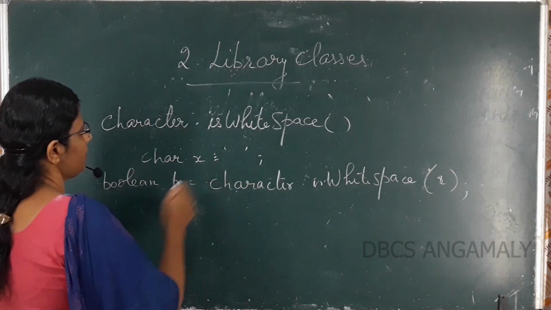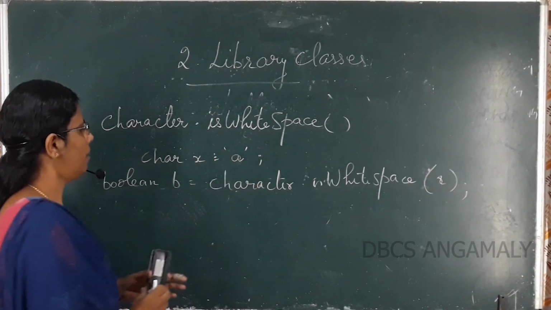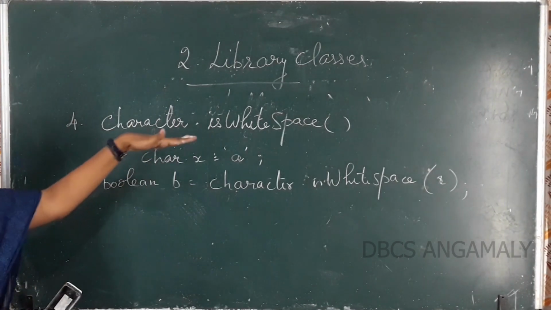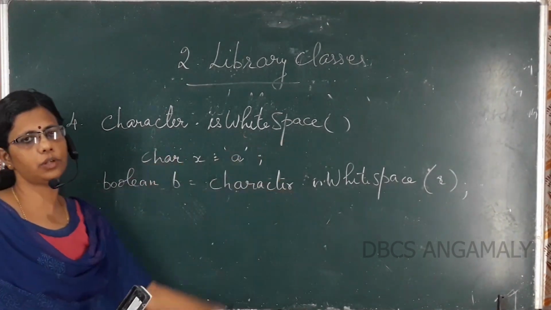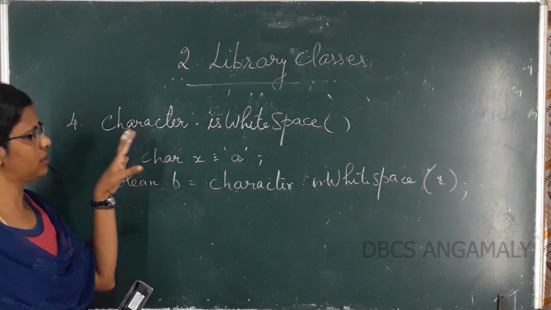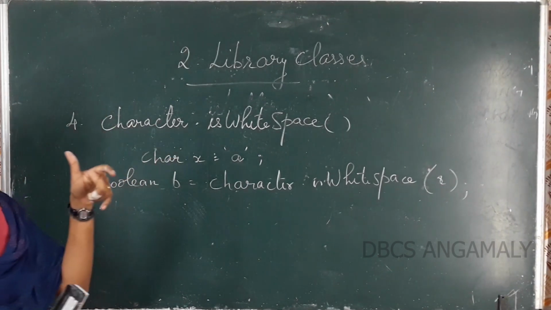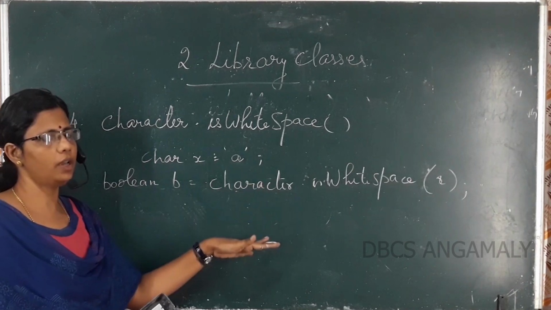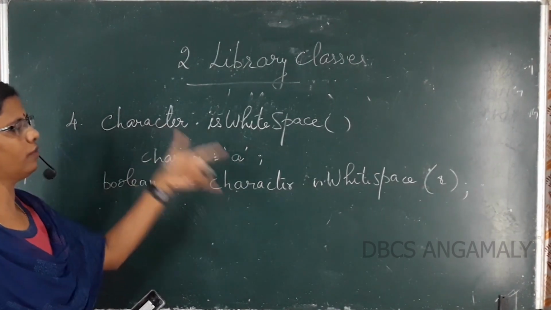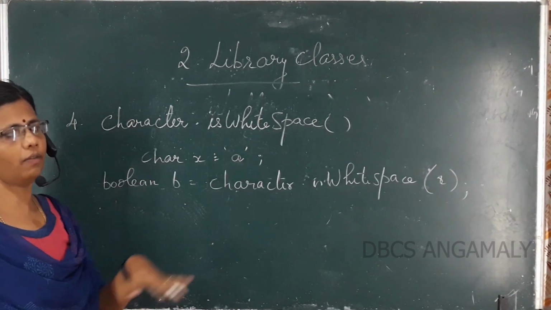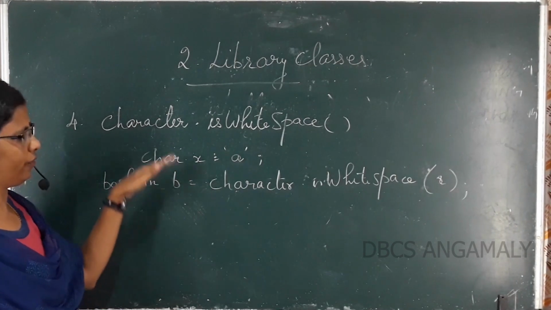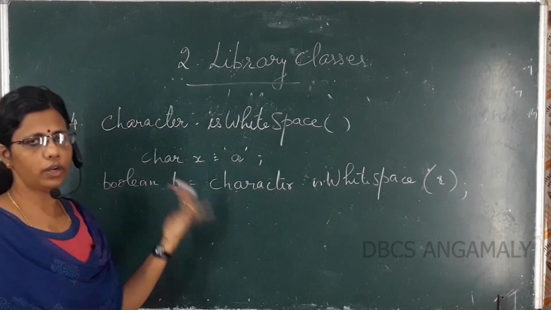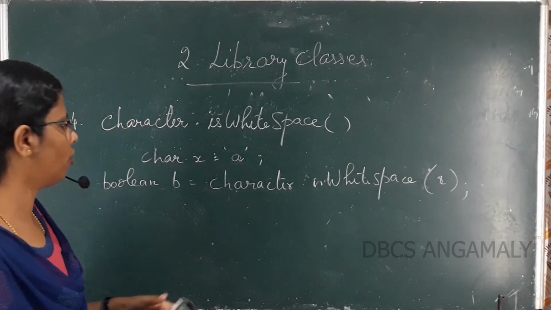If I have given something else, for example a, my b will store false. So you are checking whether you have a white space in that particular character. How you use it at application level, I'll be showing you in BlueJ, how you are going to make use of these functions in our coding. For now we are just learning what this function does and what output it gives you.